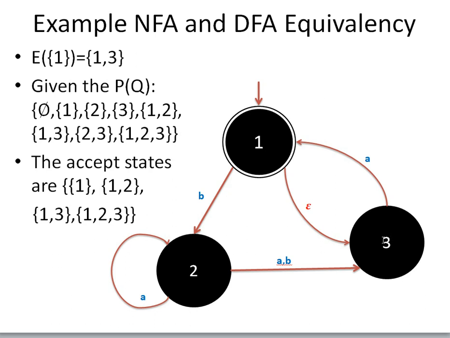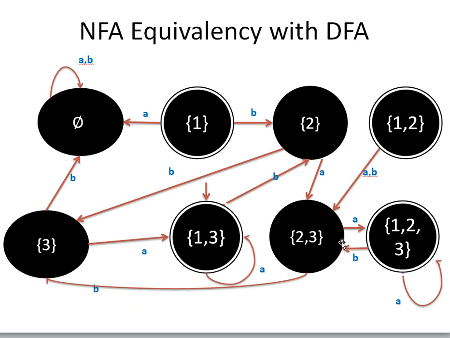So which means that 2 goes to 2 and 3, and 3 given A goes to 1 and 3. The union of 2 and 3 and 1 and 3 is 1, 2, 3. So that's why you see here that 2 and 3 together, given A, goes to 1, 2, 3. So you follow that methodology for everything, and then you get this one.